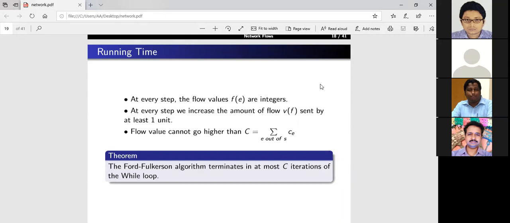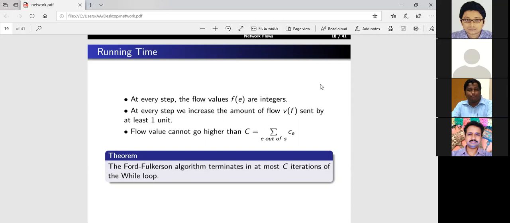Now there is an upper bound on the value of the flow, which is the total capacity of edges out of S, because the value of the flow is equal to the flow coming out of the source.